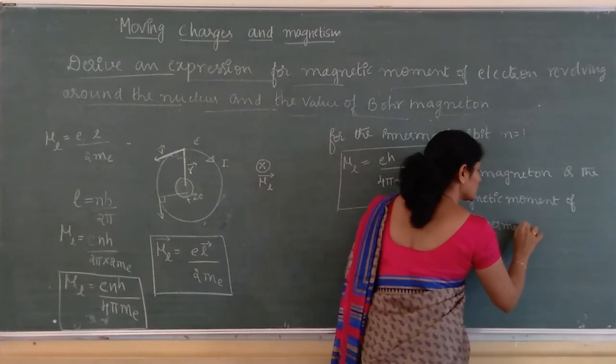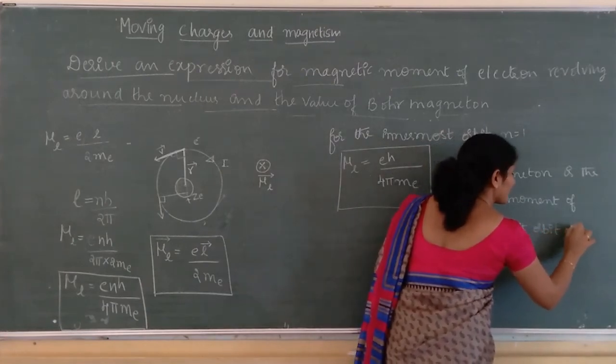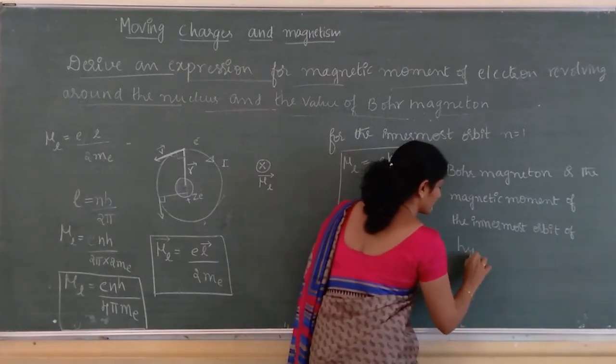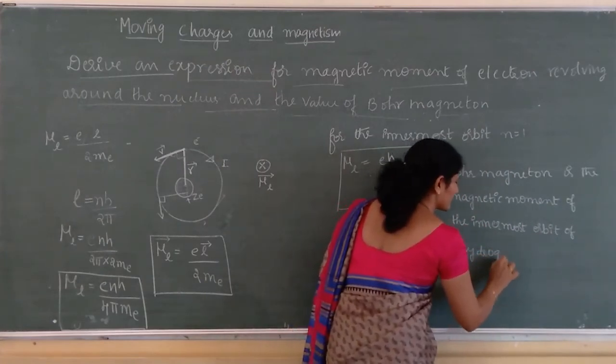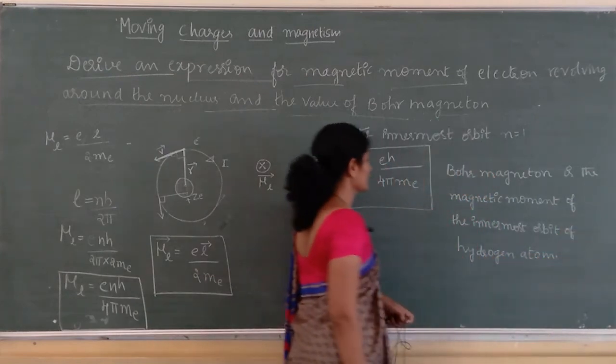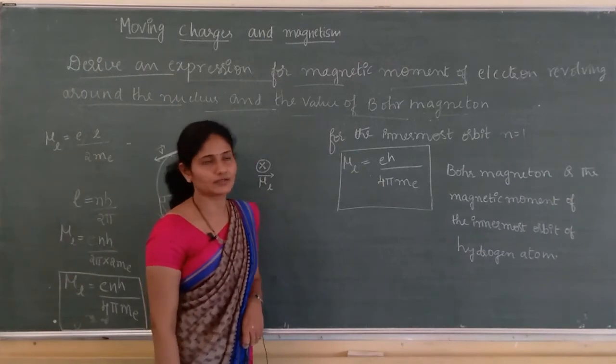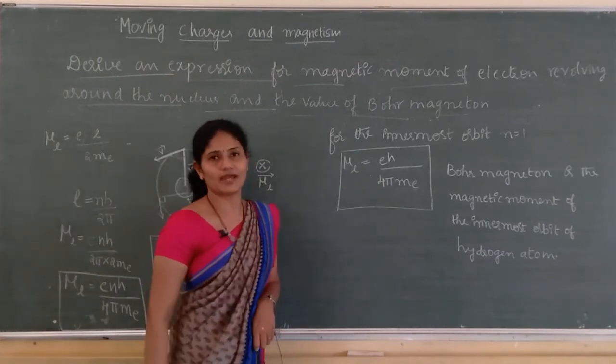The magnetic moment of the innermost orbit of hydrogen atom is called Bohr magneton.